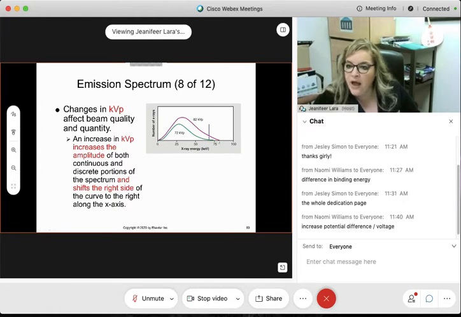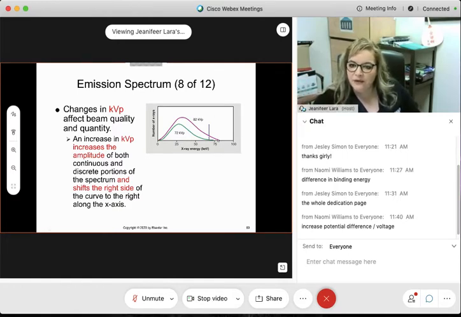So if we add higher energy, we're going to have a higher amplitude, not directly like the mA, but it also shifts the energy. It's almost like when you have higher test grades, your average becomes higher, right? If you have lower test grades, then your average becomes lower. Is that kind of correlating a little bit?